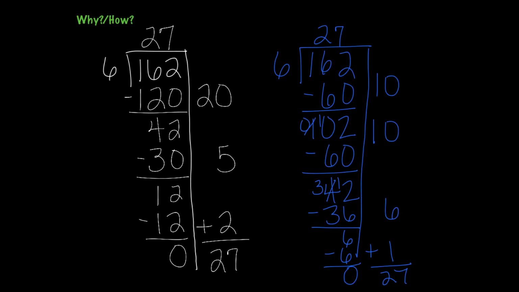But looking at the two problems, I picked different numbers to take groups of 6 from 162, because in the first problem we started with 20, the second problem we started with 10. So there are different ways that we can go about this and still get the correct answer as long as we multiply correctly and we subtract correctly.